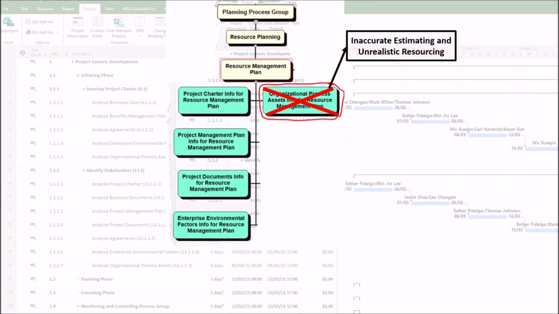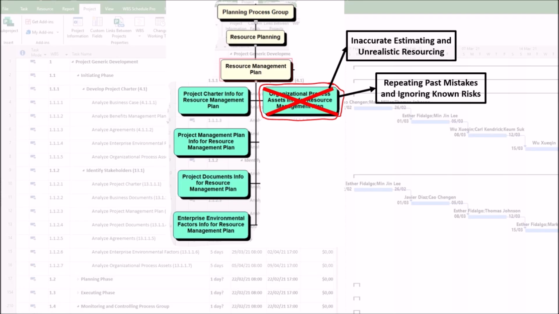Second, overestimating, leading to a bloated budget, inefficient use of resources, and reduced profitability. Third, incorrect skill mapping. The team might have the wrong mix of skills, such as too many junior developers or not enough architects, causing bottlenecks.